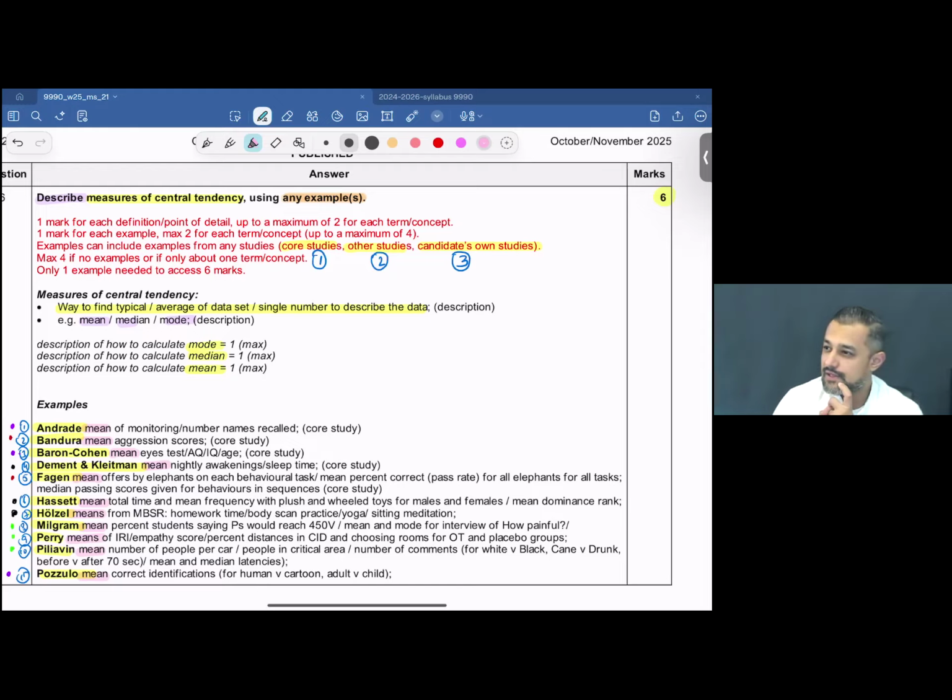I think in the last lesson, if I'm not mistaken, I discussed all the 6-mark questions that we have had so far after your syllabus change in 2024. I believe there were 7 questions from 2024 and 7 questions from 2025.